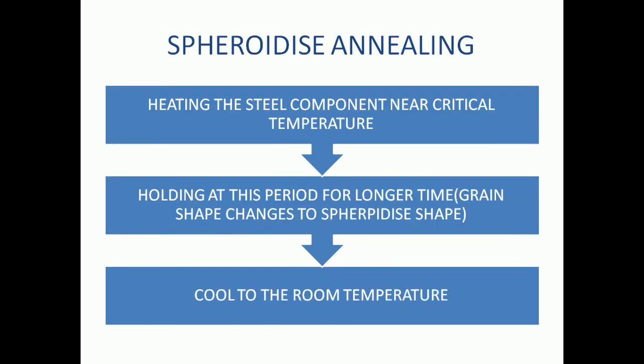After that we have spheroidal annealing. In the case of spheroidal annealing, first we heat the steel component near the critical temperature, then hold at this temperature for a longer period of time. Then the grains are converted to a spheroidal shape.